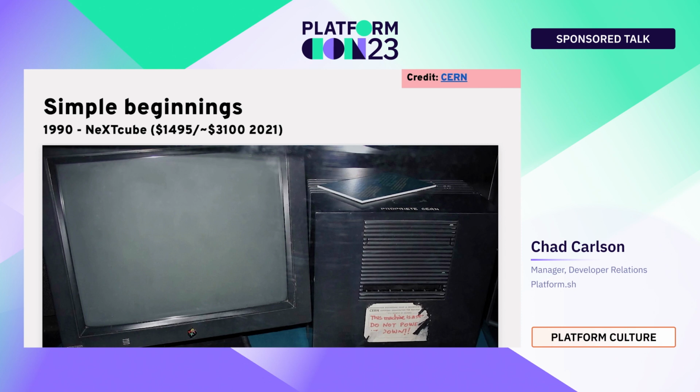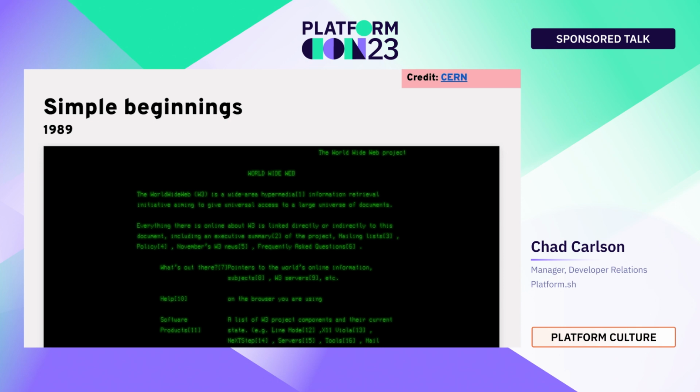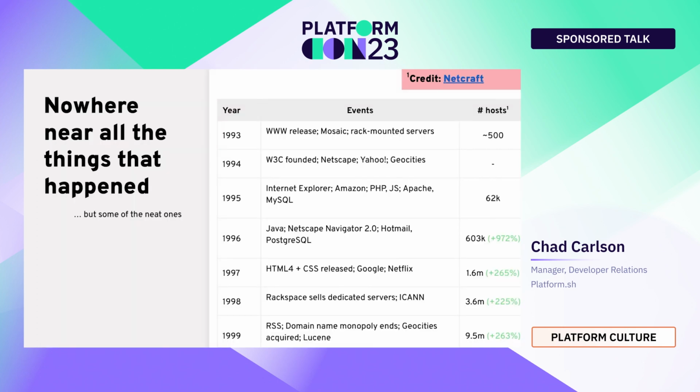From this station, we get the first web server. With that, we soon get the first command line based web browser and the first website that we see here. And from these really, really simple beginnings in the late 80s, we get a lot of really interesting things happening once we get these initial protocols set up.